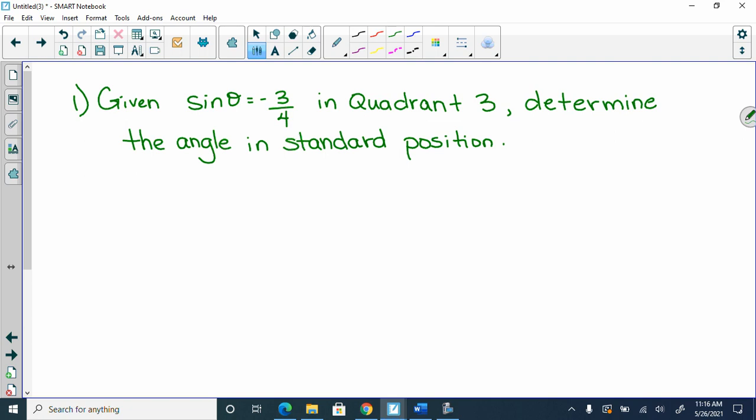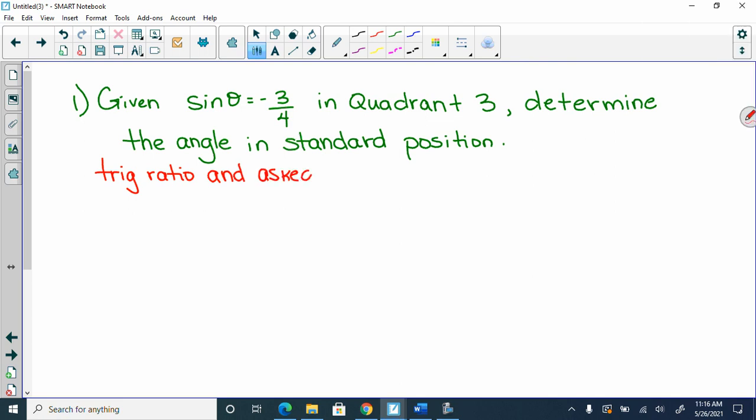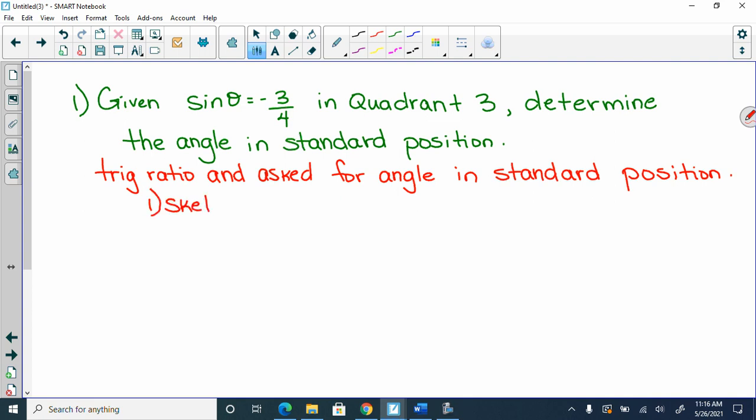So whenever you're given a trig ratio and asked for the angle in standard position, sketch is your first step.